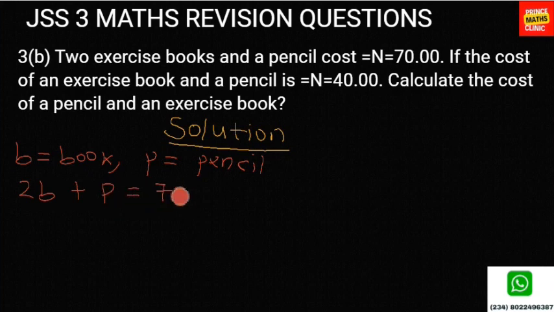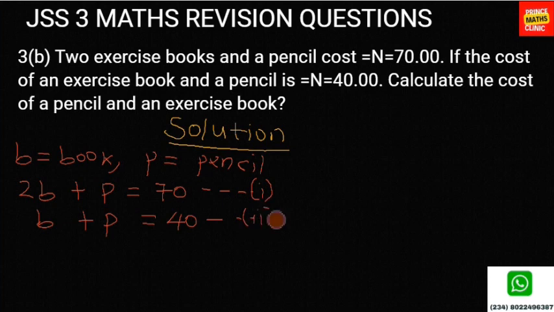I'll just say 70. Then, if an exercise book, that is just B, and a pencil, which is just P, is equal to 40 naira, you should find the cost of a pencil and an exercise book. So, I'll call this equation 1. I will call this equation 2.